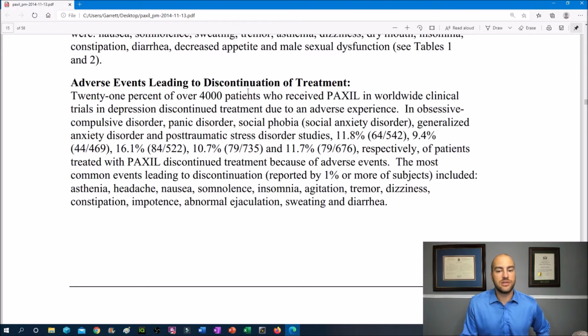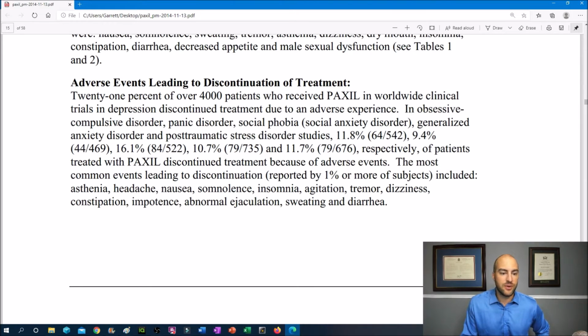Adverse events leading to discontinuation of treatment. 21% of over 4,000 patients who received Paxil in worldwide clinical trials in depression discontinued treatment due to an adverse event. So 21% of 4,000 patients discontinued it due to adverse events.